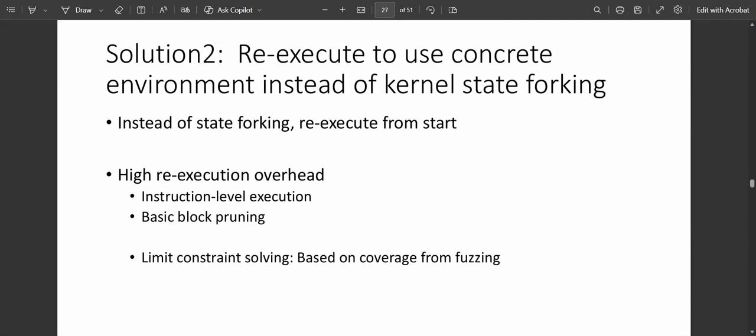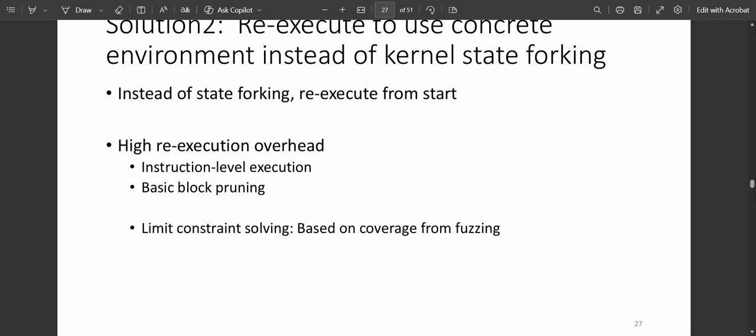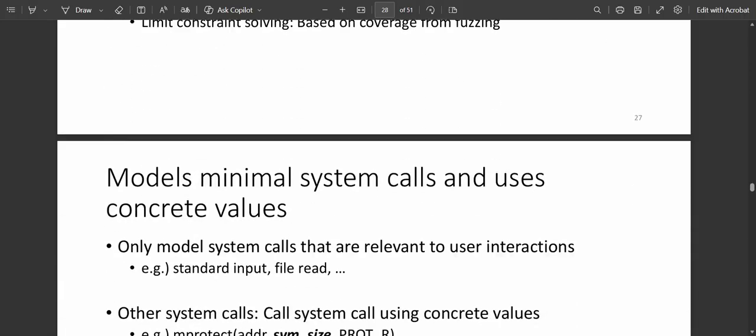And the solution is to use a constrained environment instead of kernel state forking, which has high re-execution overhead. It uses instruction level execution, basic block pruning, and limits constraint solving based on coverage from fuzzing.